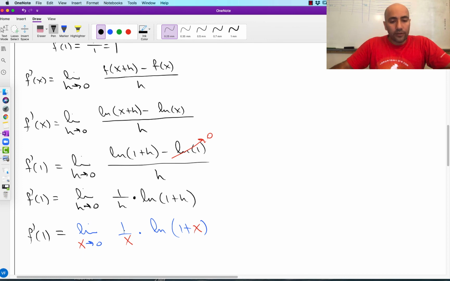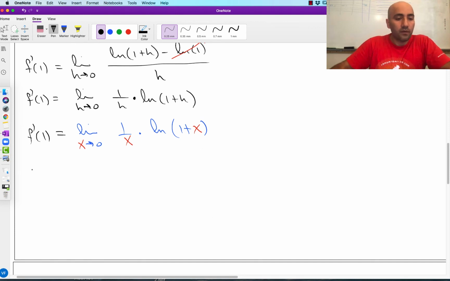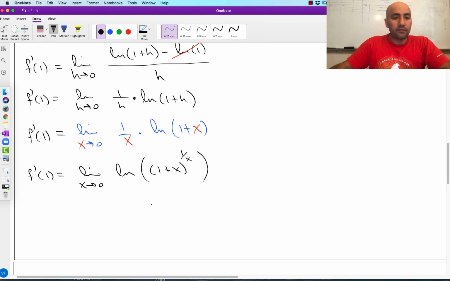And now, well, we know our properties of limits. If we have a numerical factor out in front, we can raise it to the exponent. So f prime of 1 is now equal to the limit as x approaches 0 of ln of, and inside the argument of the ln function, we have 1 plus x raised to the power of 1 over x. All of that is inside the ln argument, moving this term out to the exponent.